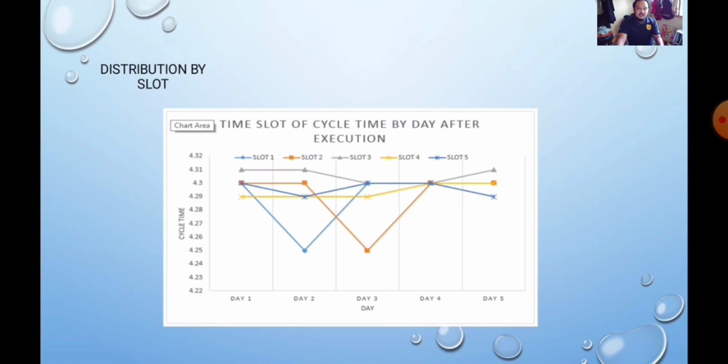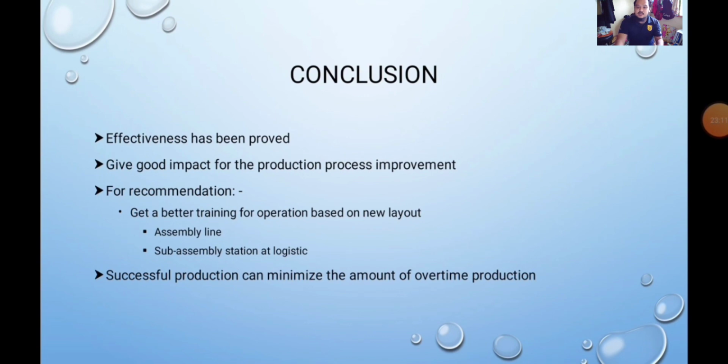According to the graph, this slot is the most consistent in achieving the cycle time. From the observation, the reason the operator can perform well in that slot is that it is after having breakfast. So the energy of the operator has been regenerated to perform the job better.